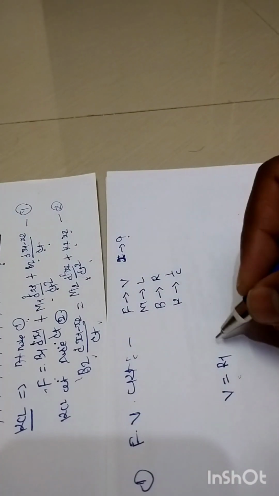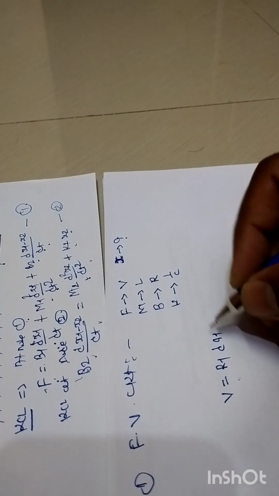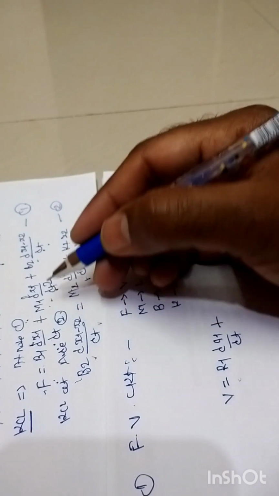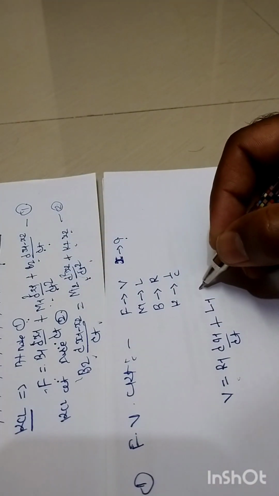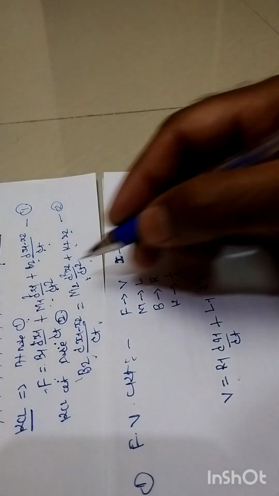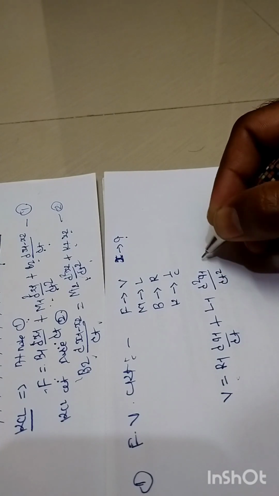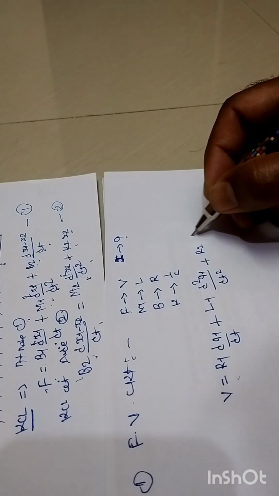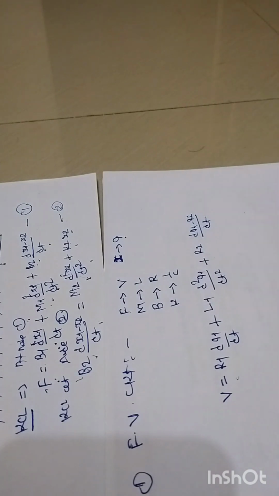As a result, it becomes dq1 by dt plus, again, M is analogous to L, so it becomes L1 into d square q1 upon dt square, plus B is R, so R2 into d(q1 minus q2) divided by dt.